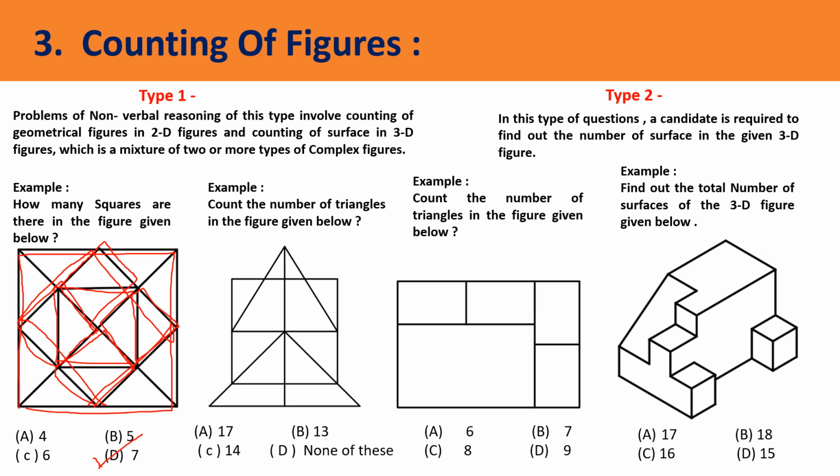Now let us discuss how many triangles there are. First is 1, 2, 3, 4, 5, 6, 7, 8, 9, 10, 11, 12, 13, 14, then 15.